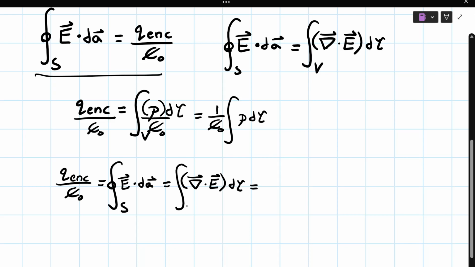And then this Q enclosed over epsilon naught is also equal to this, which can be shown with and without the linearity before solving. In this case, we'll just keep it on the inside: rho over epsilon naught times d tau.